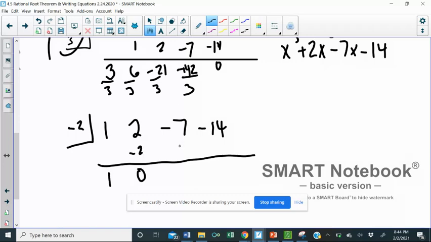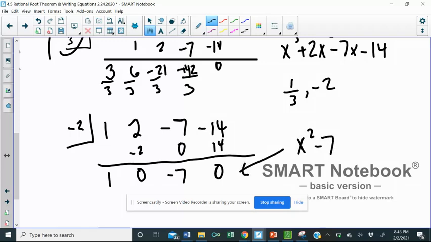I get a 0, I get a -7, and I get a 14, and I get a 0 left. So again, my factors right now are 1/3 and -2. Well, I need 4 of them. So this tells me I'm left with x squared minus 7 because there's 0x in the remainder.